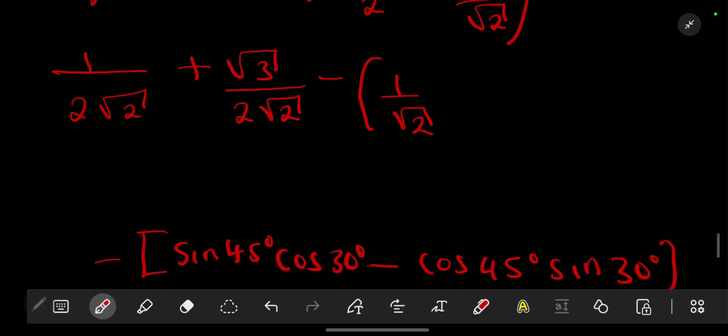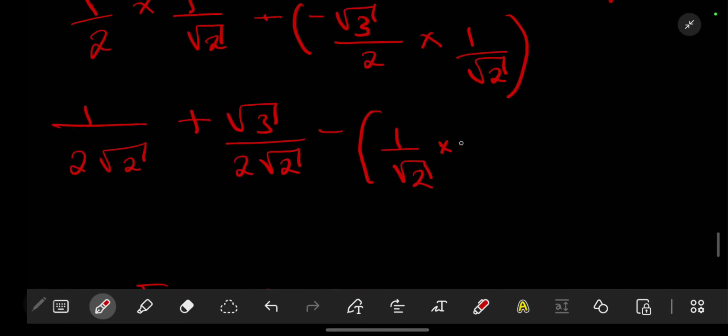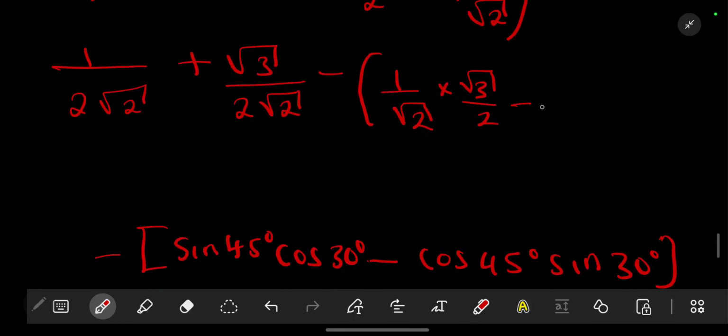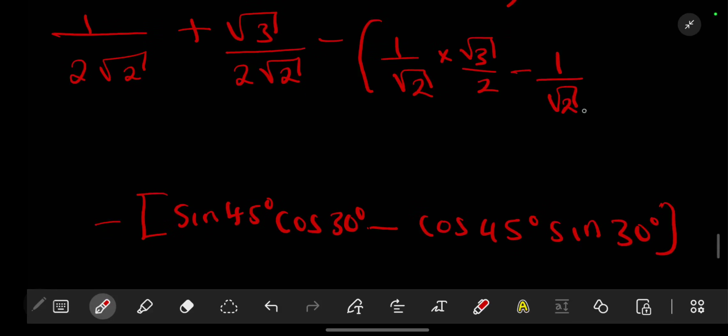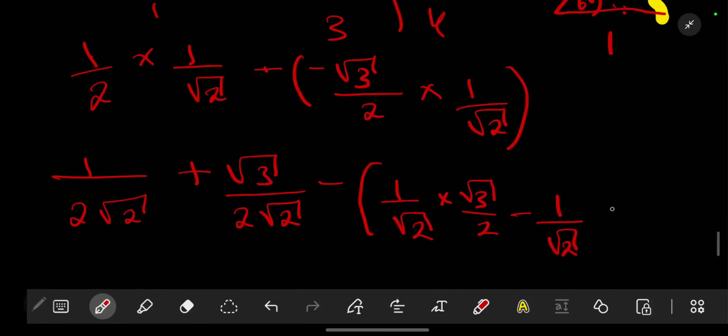Cos of 30, when you look at this, cos of 30 is root 3 over 2, which will be positive, root 3 over 2, like that. Then we are here, minus the cos of 45. Cos of 45 is the same as 1 over the root of 2, like that. Then the sine of 30 is equal to opposite, which is 1 over the hypotenuse 2. So we have 1 over 2, like that.